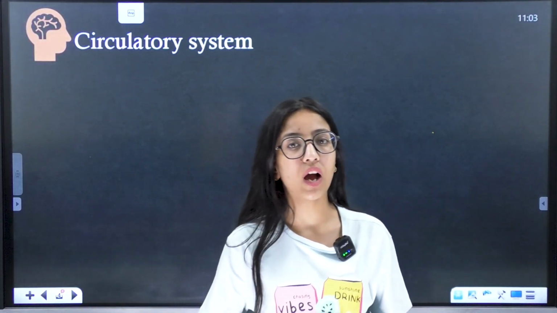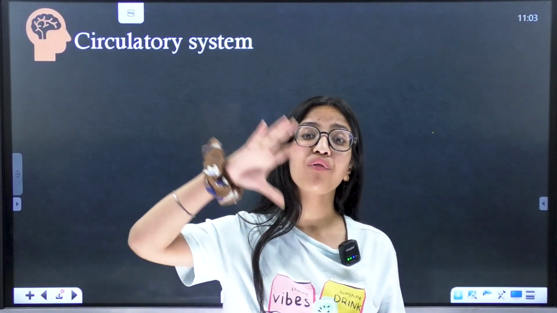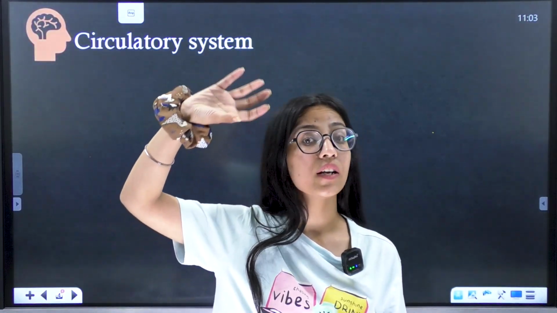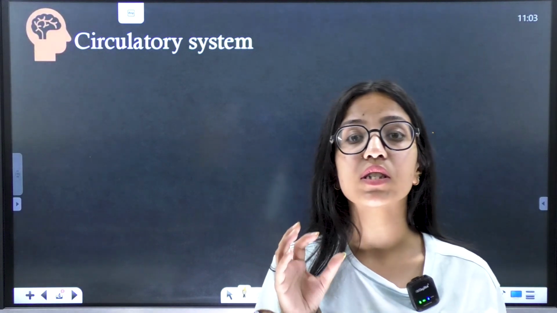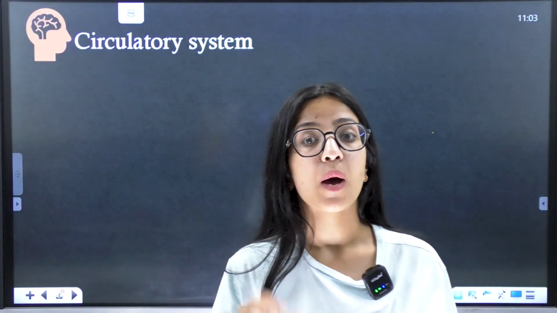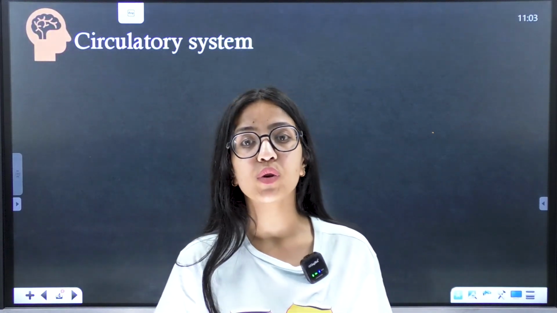What we have read in heart, the heart of frog was dark colored red structure. Remember, first point. Second point, the heart of the frog was covered by a membranous structure that was named as pericardium.